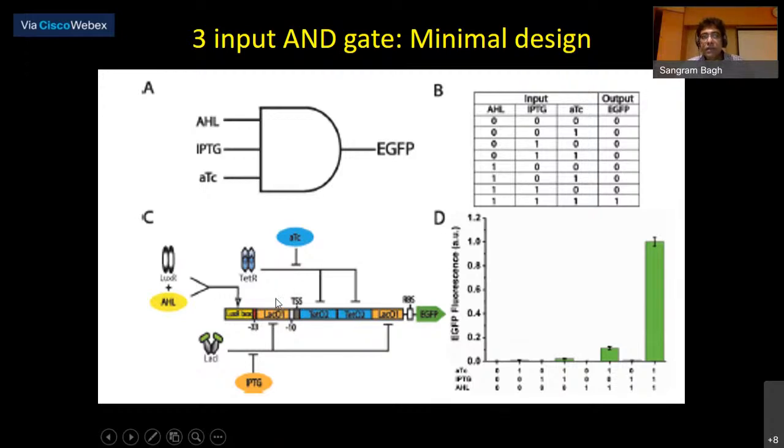That means if in your system you have this LacI and it binds here, it cannot produce any gene, right? Similarly, just after the transcription start site, we put two TetR operator site sequences, and TetR is another transcription factor.